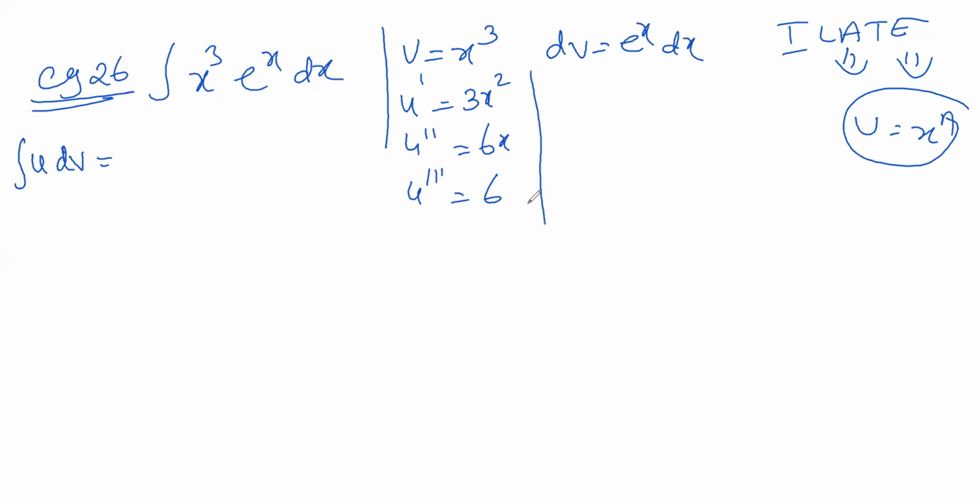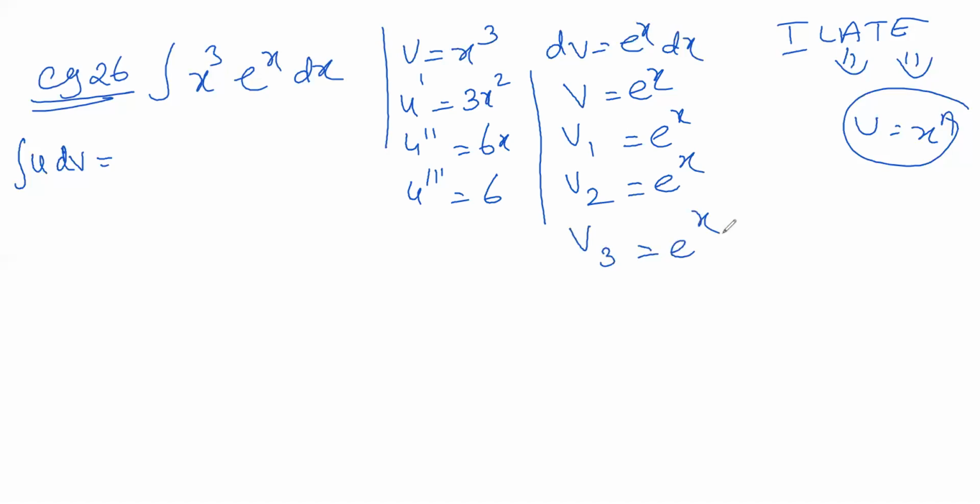So here we'll take till v3. First, integrating gives v as e power x. Integrating v1 as e power x gives v2, also e power x, and then v3 also e power x. So we stop with v3.